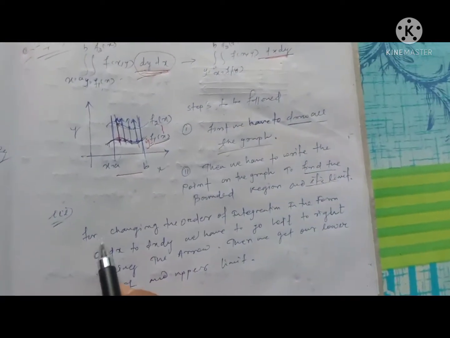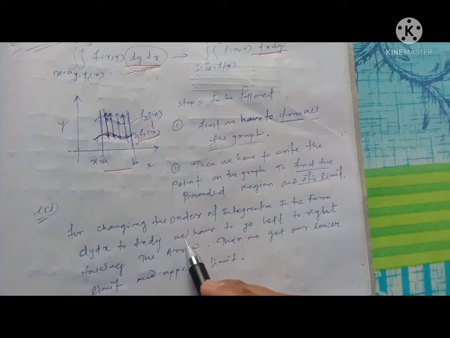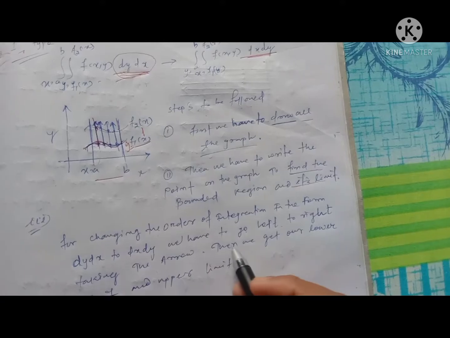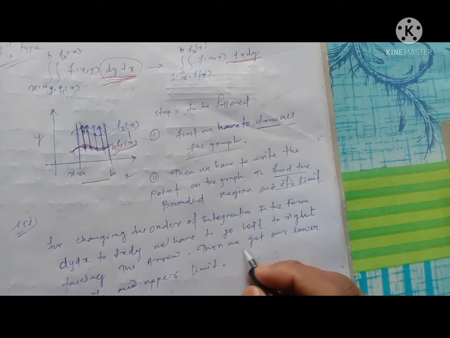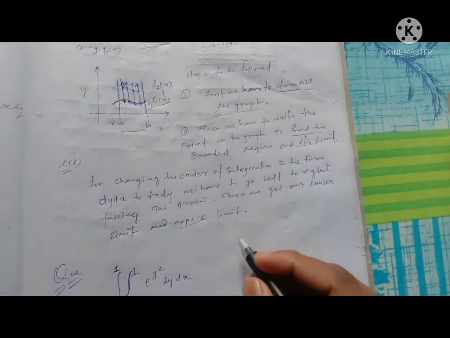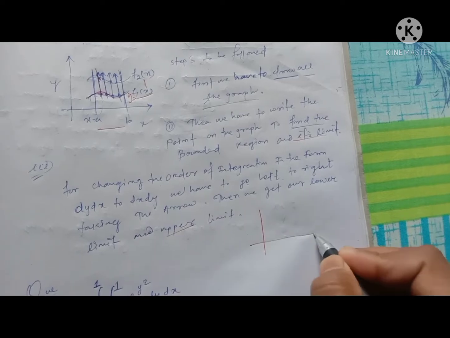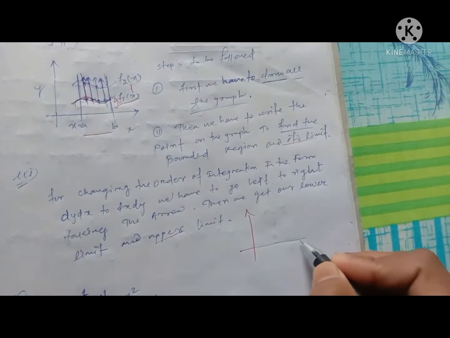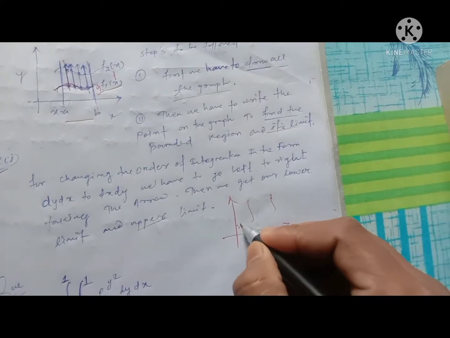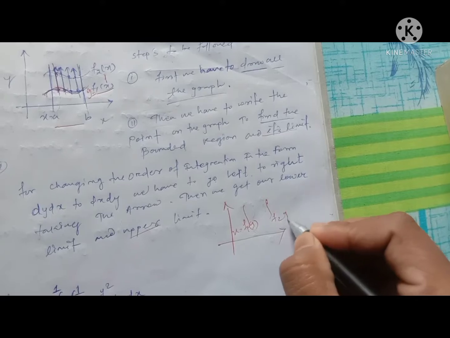Then comes the third step for changing the order of integration from dy dx to dx dy. We have to go from left to right, taking an arrow mark. Then we get our lower limit and upper limit. Whenever you have to change to dx dy, let's assume x equal to f1(y) and f2(y).